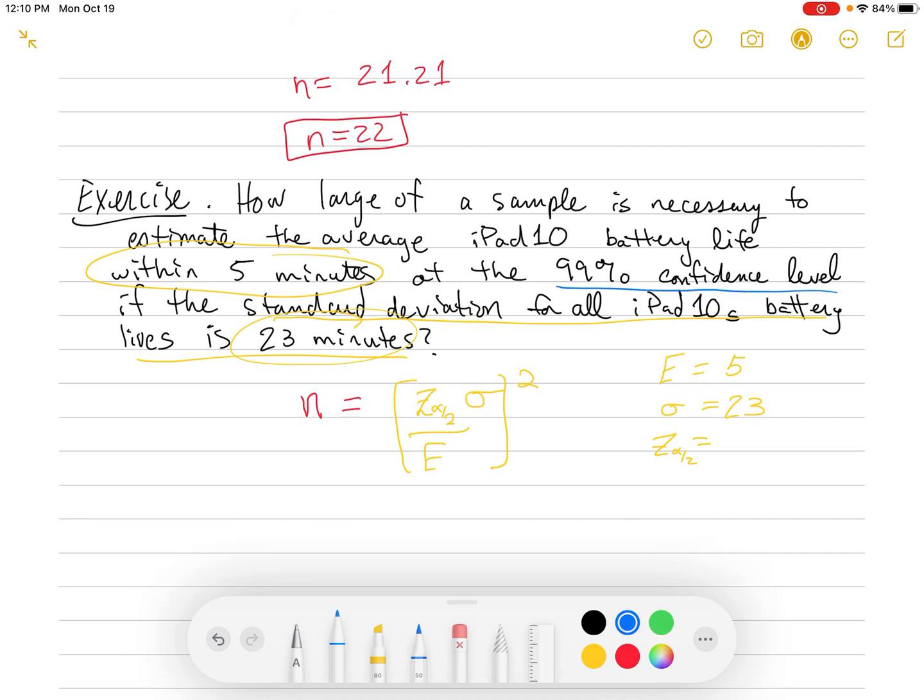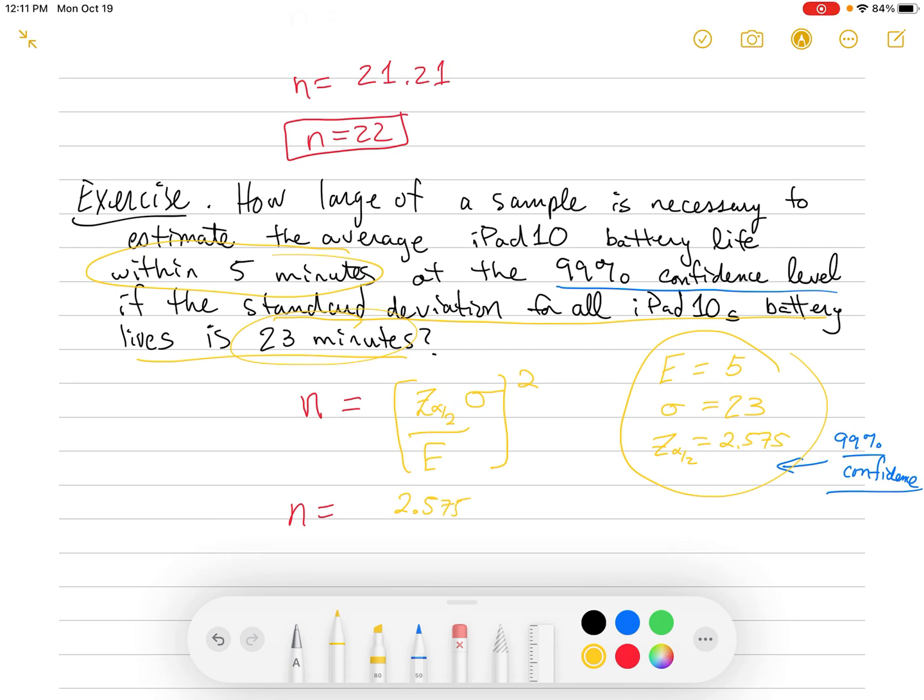Now, what's our z alpha over 2, our critical z-score? So notice that we want a 99% confidence level. 99% confidence corresponds to a critical z-score of, remember, 2.575. It's one of those 3 big numbers you want to be familiar with. So I'm going to plug these 3 bits of information into my formula.